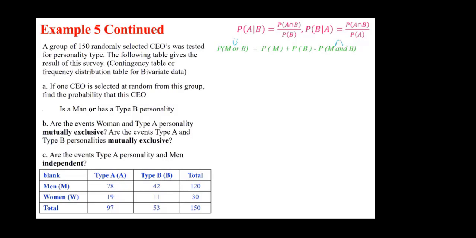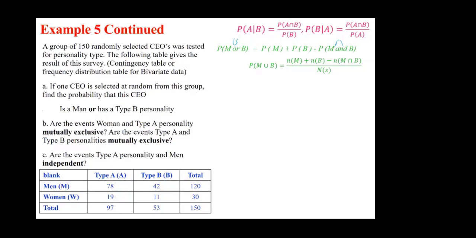So that's equal to probability of M plus probability of B minus probability of M and B. Understand that it is not a conditional probability, in which case the sample space is 150. So one easy way to write it is as follows. N of M plus N of B minus N of M intersection B over N of S. The denominator remains at 150.